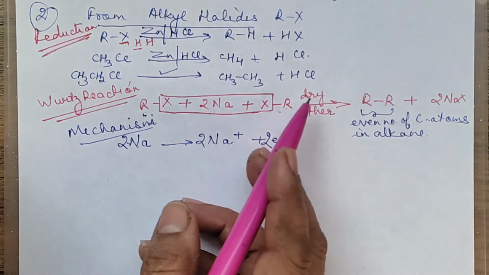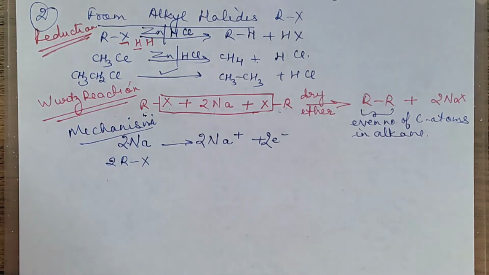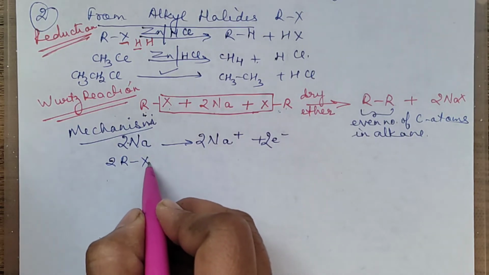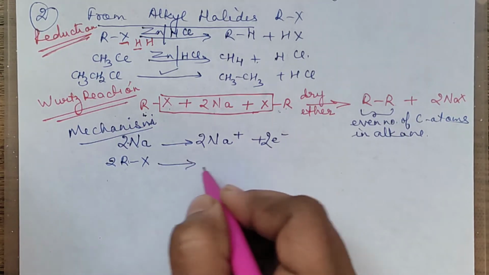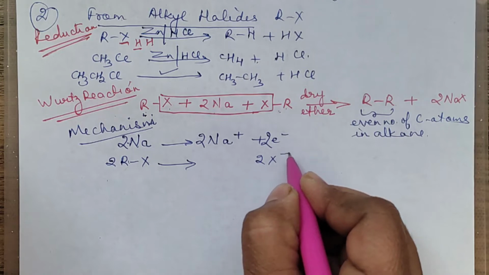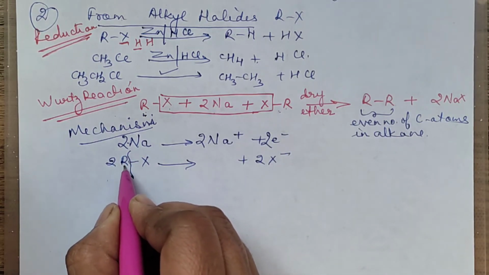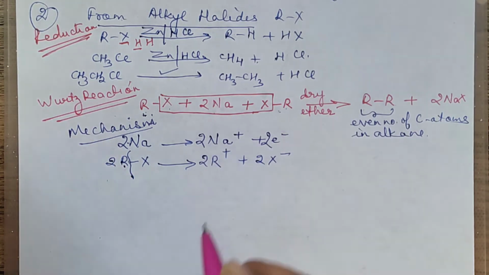We have taken 2 alkyl halides also, so let us write down 2 RX. Now we know that halogen is more electronegative, so it will have a tendency to pull the electron pair towards itself. So this will ionize as 2 X minus, and when this breaks from here, it will form R plus, that is R with a positive charge, a sort of carbocation.